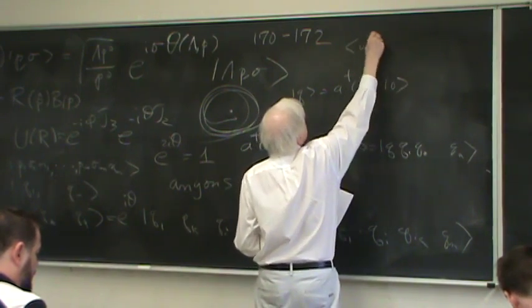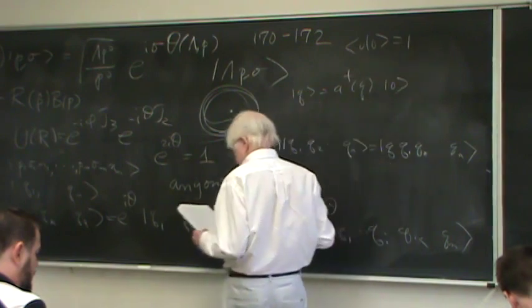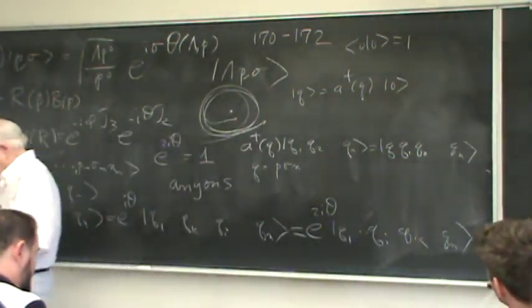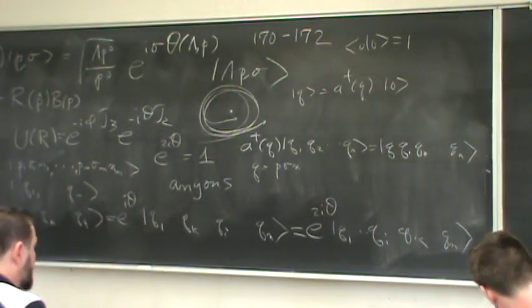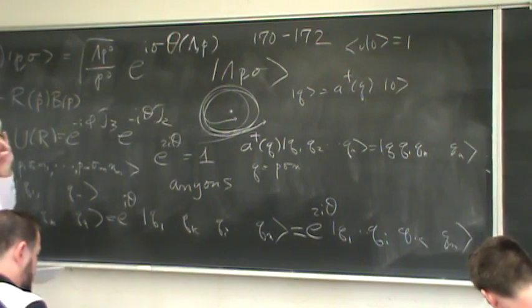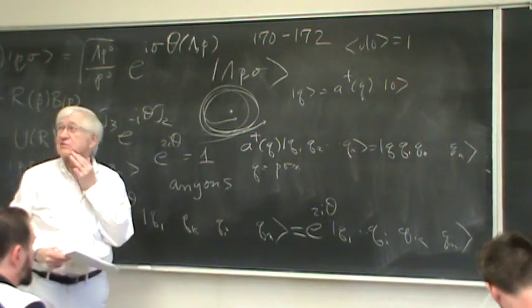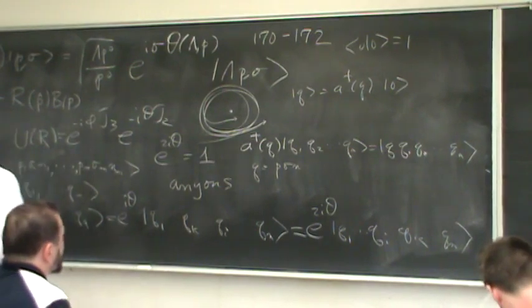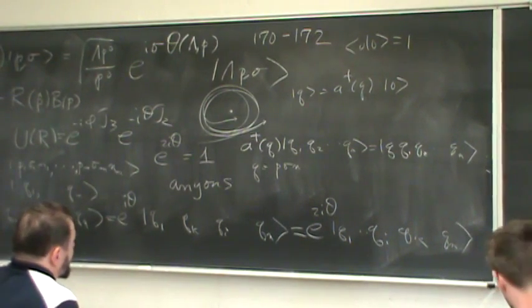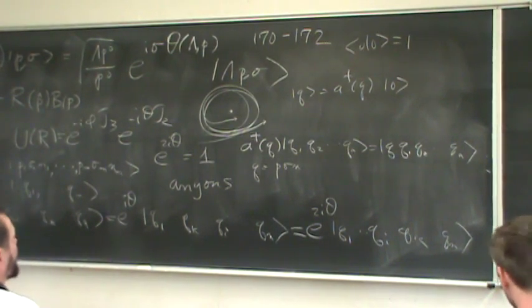The vacuum state is normalized, and the idea is that you make all the states from the vacuum state, and one normally assumes the vacuum state's unique. It's the state of lowest energy and so forth.